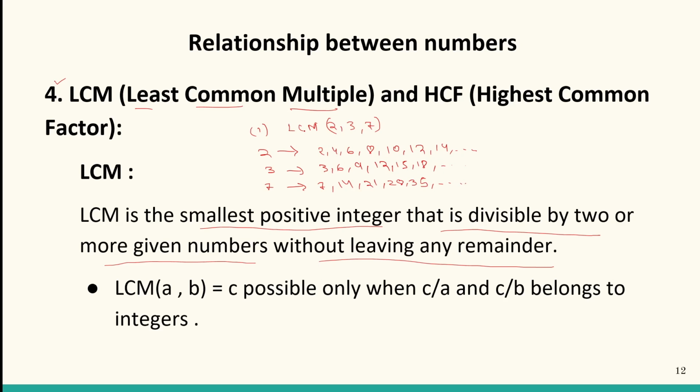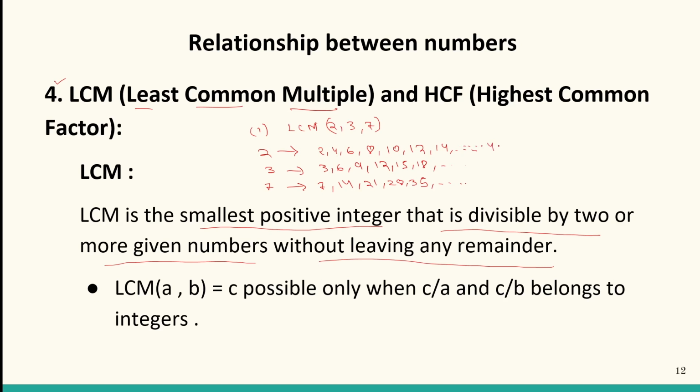Now that we have the series of multiples, we need to find the commons between these three series. Let's start from here. 2 is not common, 4 is not common, 6 is not common, 8 is not common, 10 is not common, 12 is not common, although 12 is common in two of them but not in all three. And 14 is not common, so we need to evaluate further.